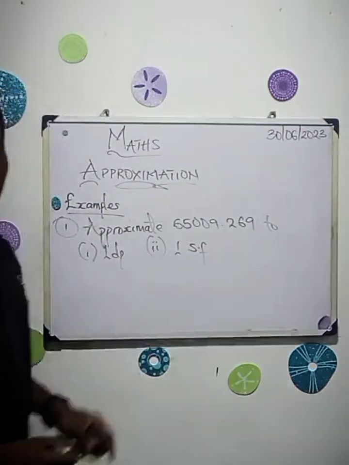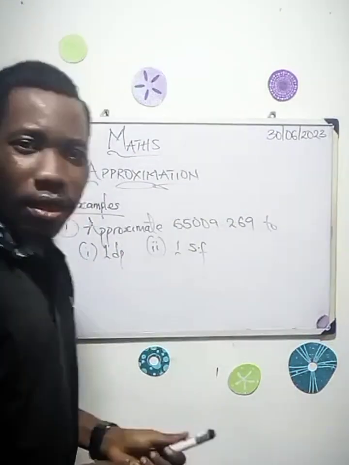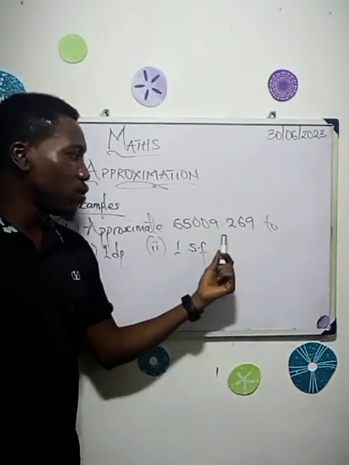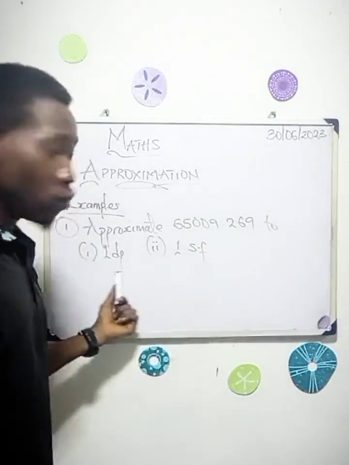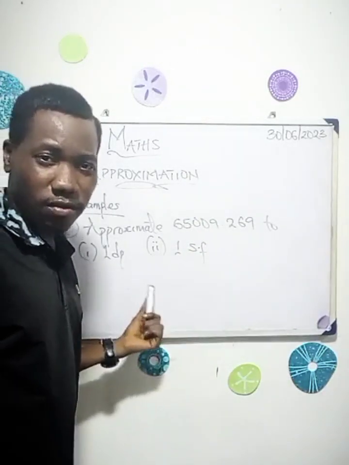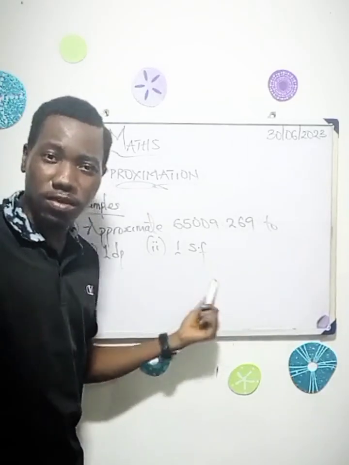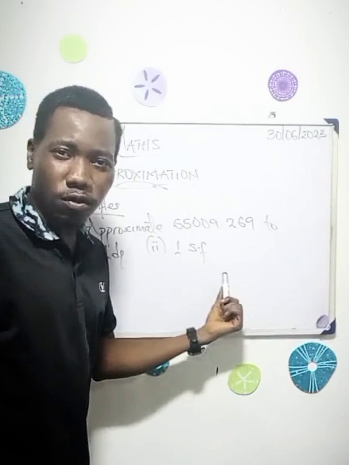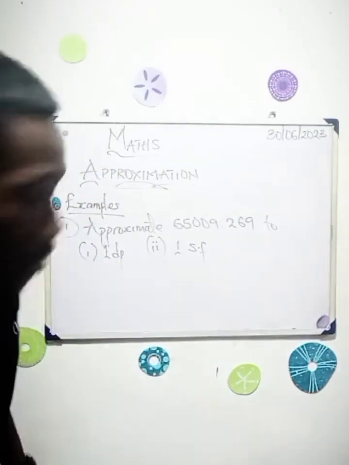To 1 dp and to 1 sf. When you see dp, that's decimal place. When you see sf, that's significant figure. So approximate to 1 decimal place and approximate also to 1 significant figure. So let's solve that. Solution.